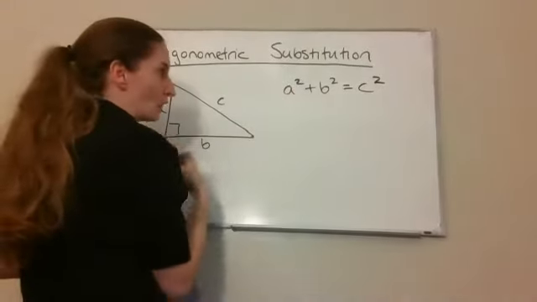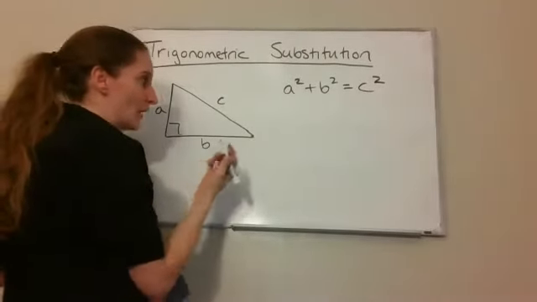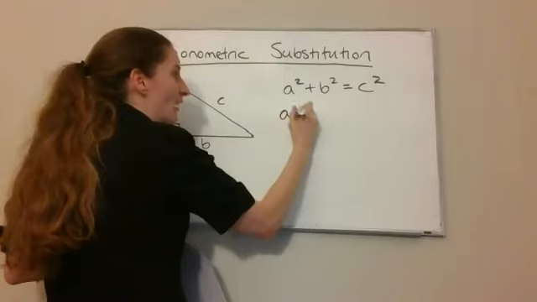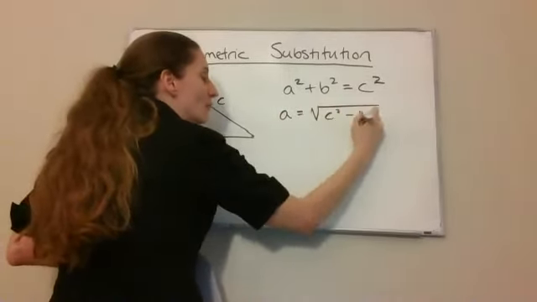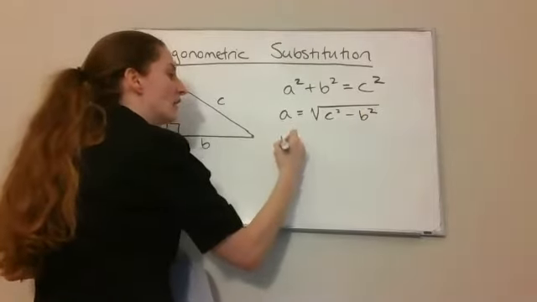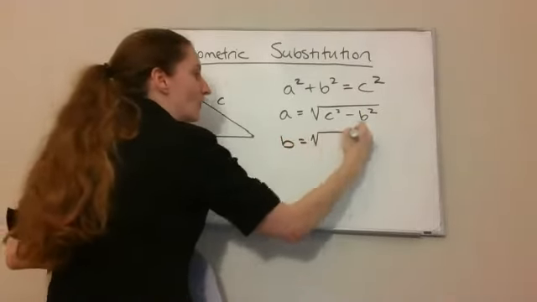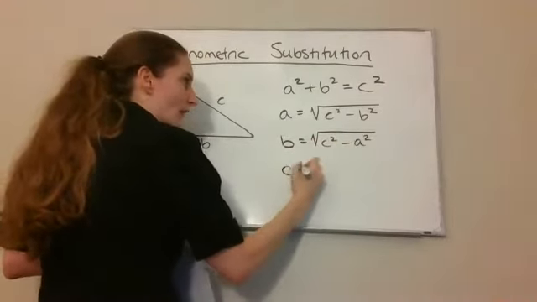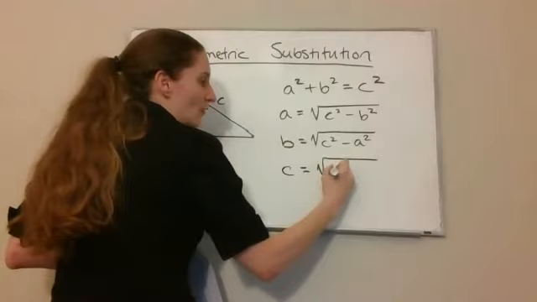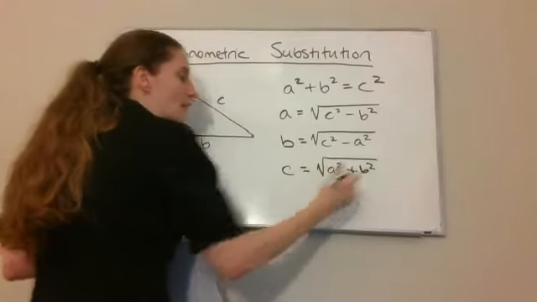And if I chose to solve this equation for one of my variables, I would have a equals the square root of c squared minus b squared, or I would have b equals the square root of c squared minus a squared, or I have c equals the square root of a squared plus b squared.